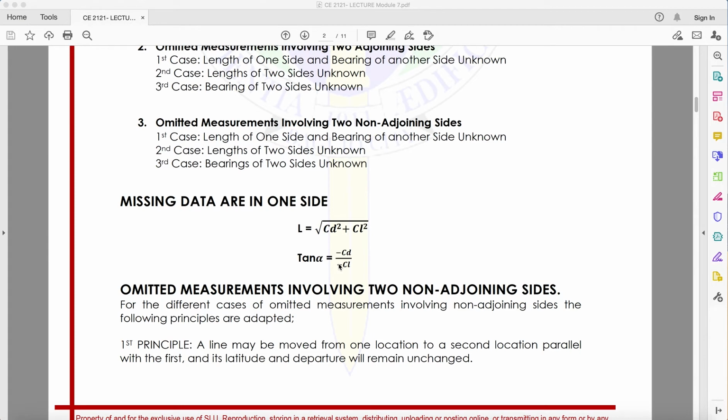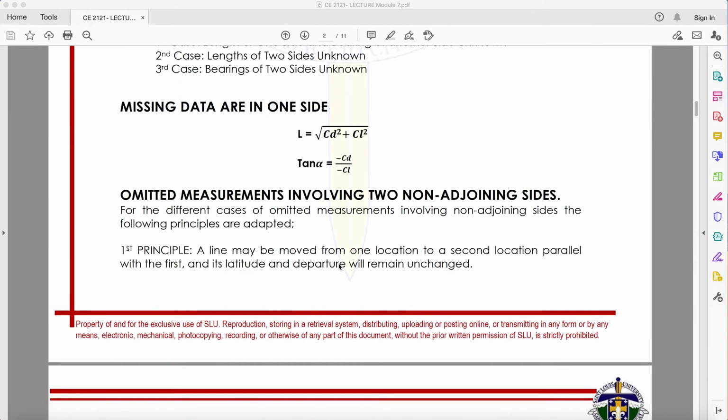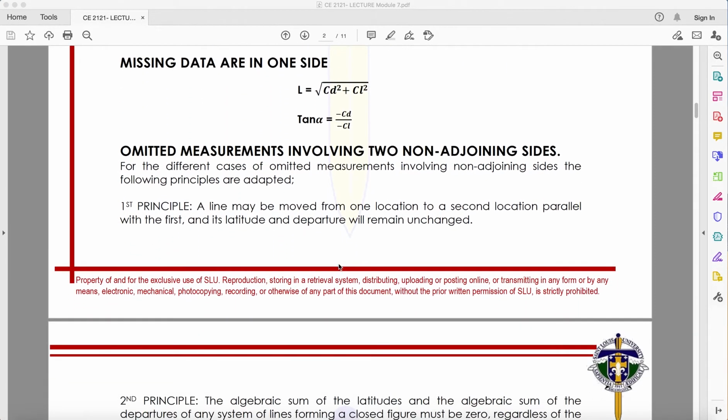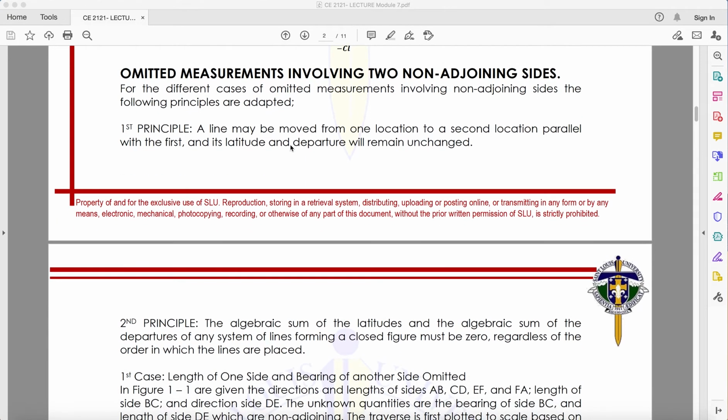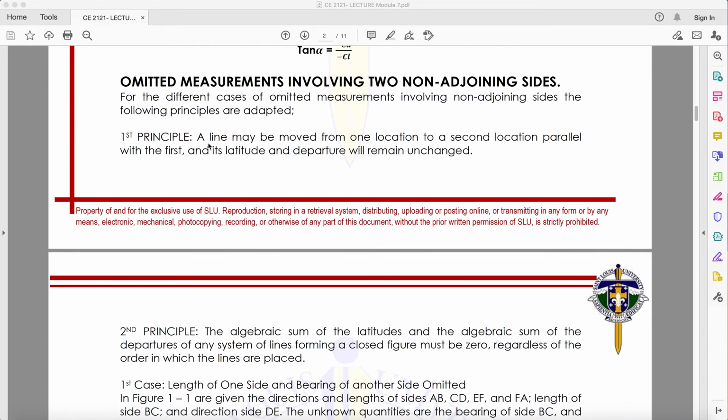Omitted measurements involving two non-adjoining sides. For the different cases of omitted measurements involving non-adjoining sides, the following principles are adopted. First principle, a line may be moved from one location to a second location parallel with the first, and its latitude and departure will remain unchanged.